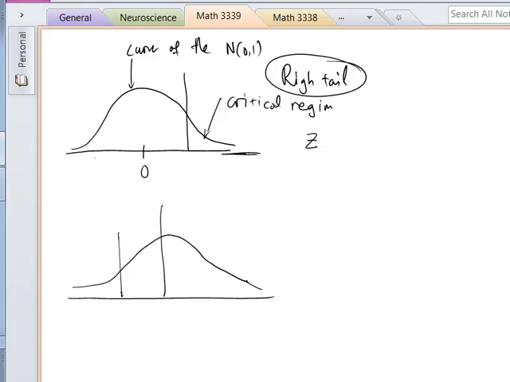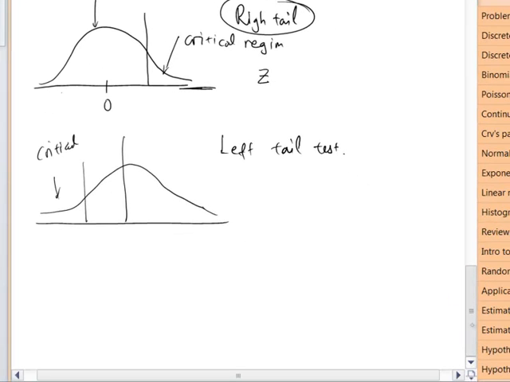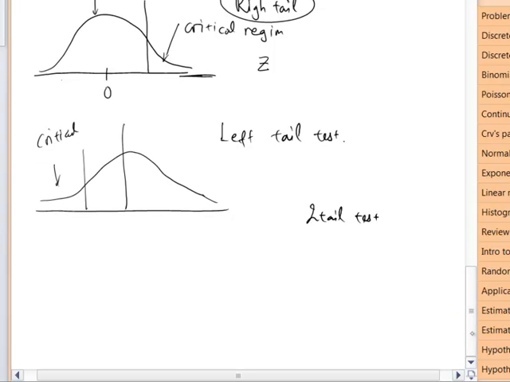So the critical region should be here for a left tail test. And for a two-tail test, the critical region should be on both sides.